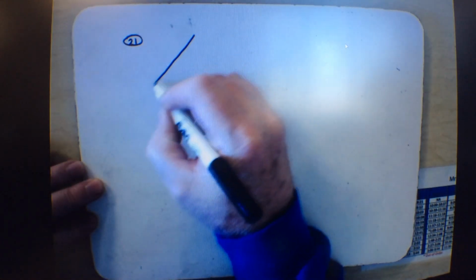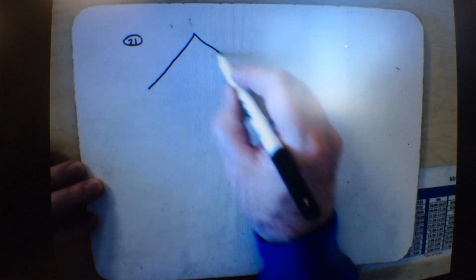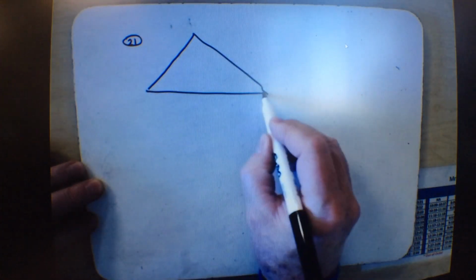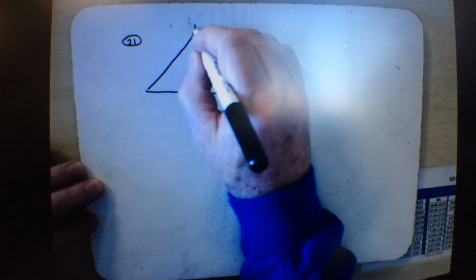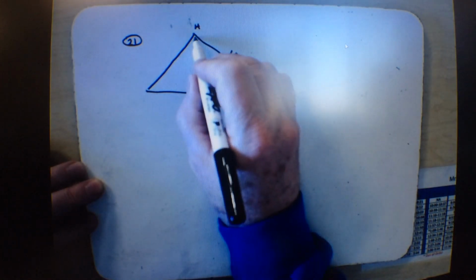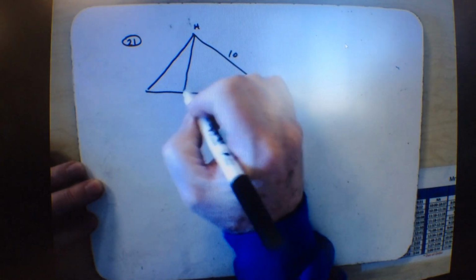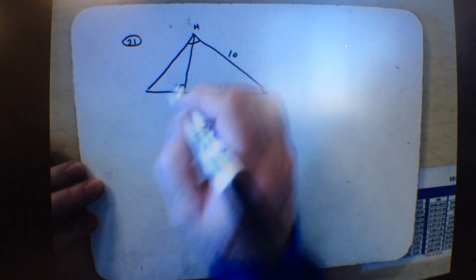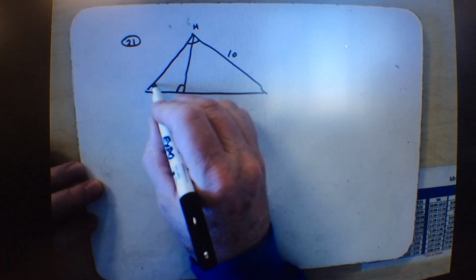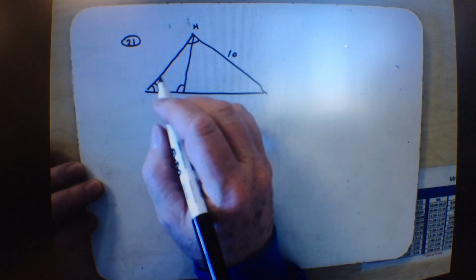So we're going to jump to number 21. I want to do 21. It is in your assignment. It looks like this, and I'll try to draw it as quickly as I can. This is 10. H. This drops down like this. This whole angle is congruent to this whole angle, and then this is marked.